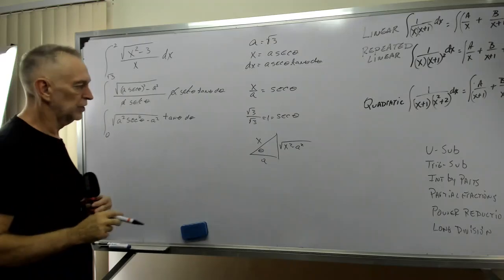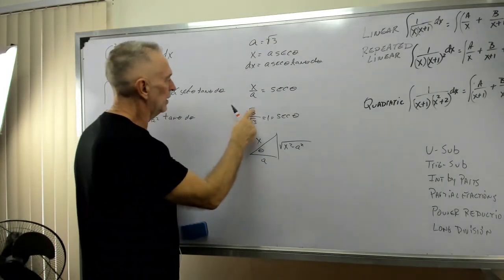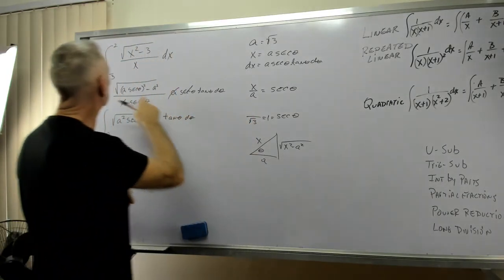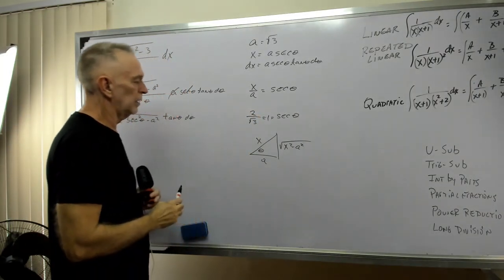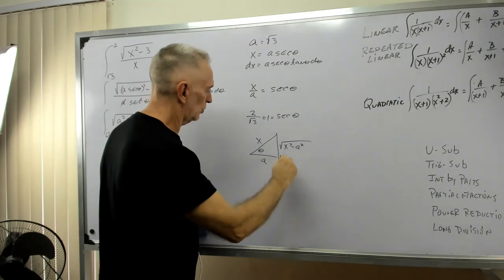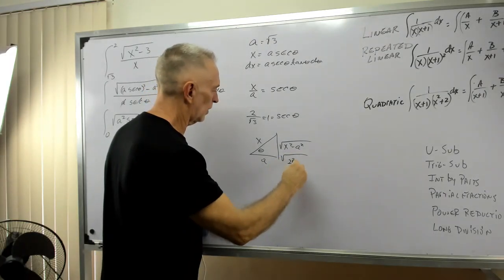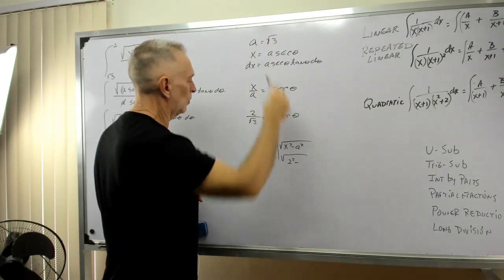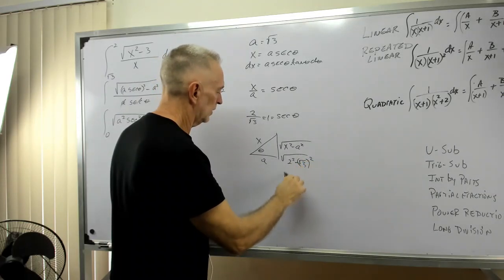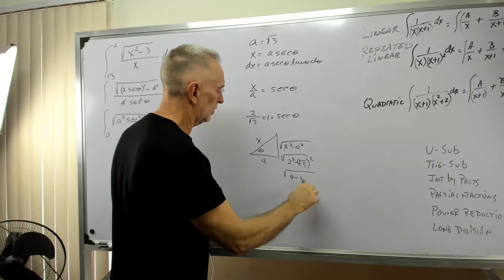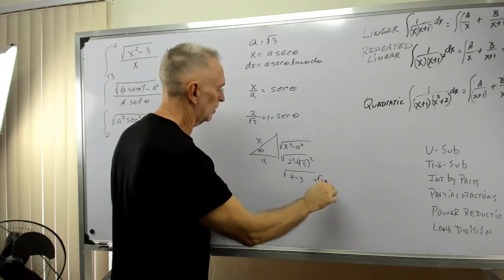So 0. Now then, if x is 2, so what do I have here? 2 squared minus a squared, so that's square root of 3 squared. So that's square root of 4 minus 3 equals square root of 1, which is 1.